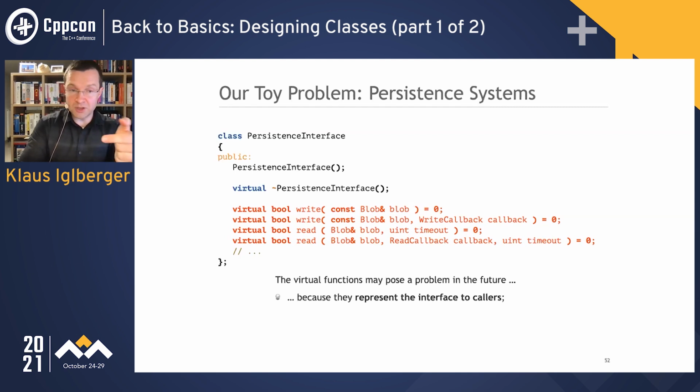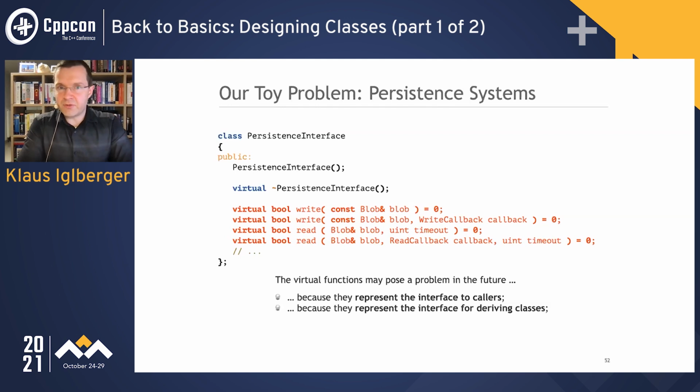So somebody calls write in order to write something, and they also represent the interface for deriving classes. So I might change these functions for two reasons. Whenever one of these clients actually requires a change, I would have to change them. But of course, that would affect both the callers and the deriving classes.